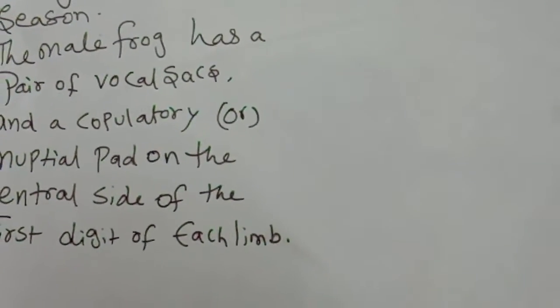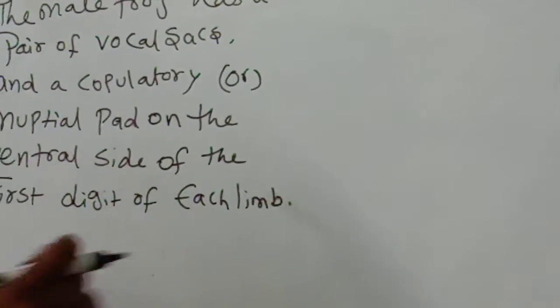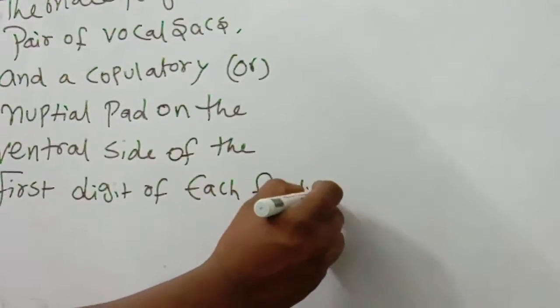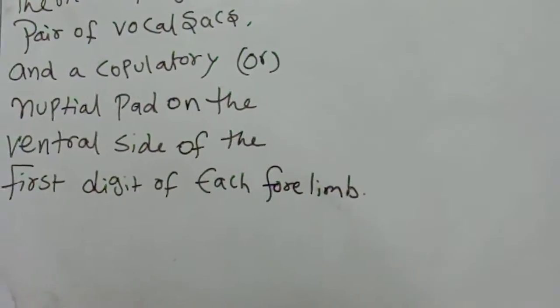Okay, this is the most important: the first digit of each forelimb. This is important.